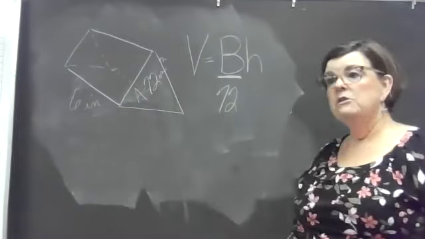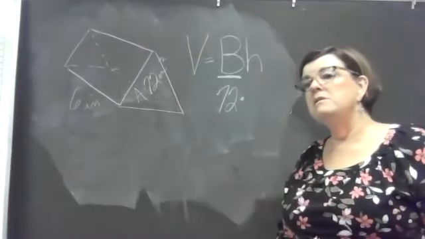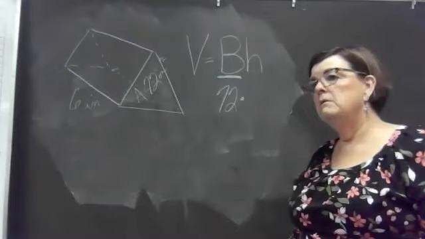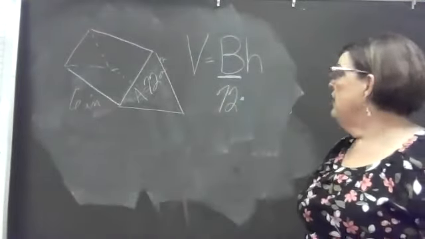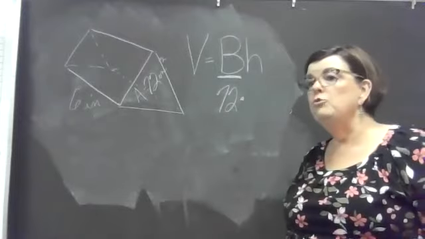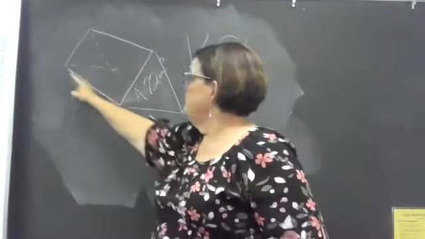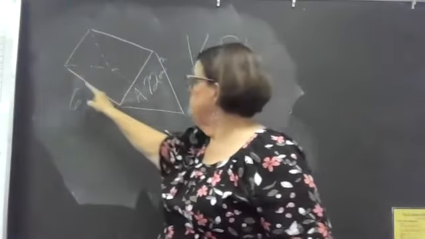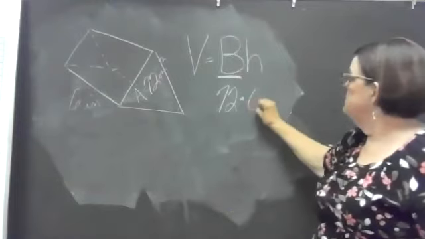So I have 72 times, and remember the height doesn't necessarily have to go up and down because we laid this thing over. And so the height is what joins those two bases. Here's a base, here's a base, here's the line that hooks them together. So this is the height right here, and it's 6.